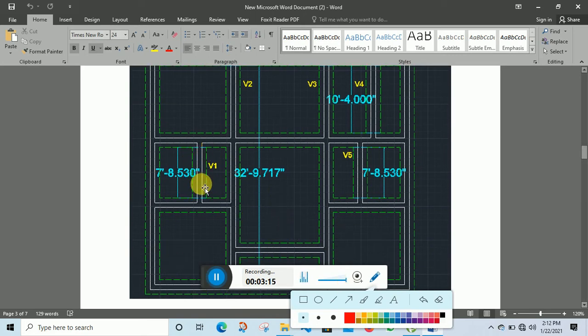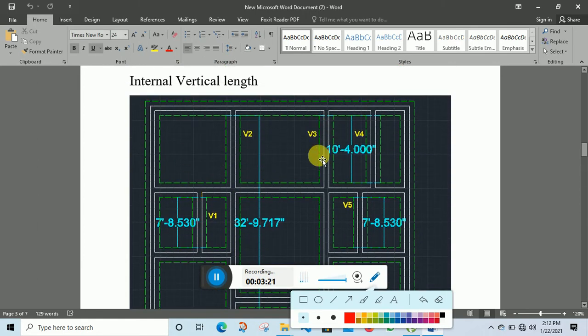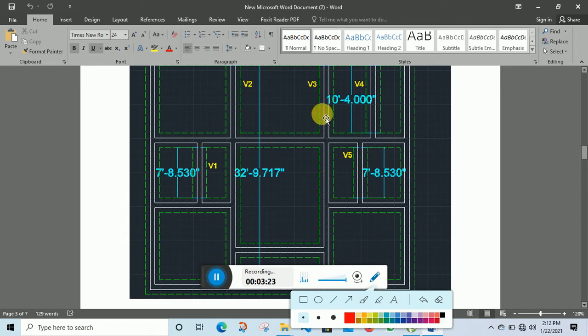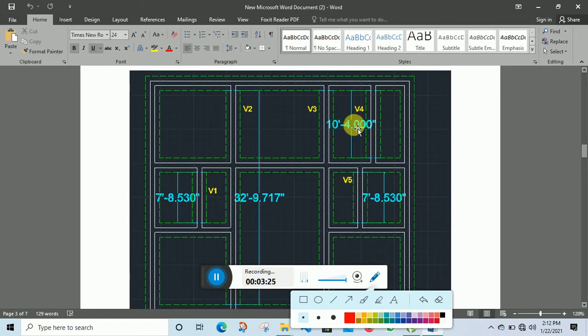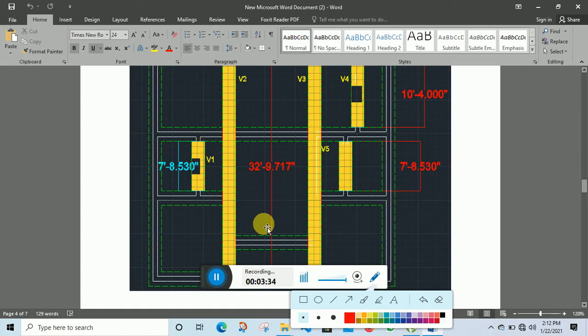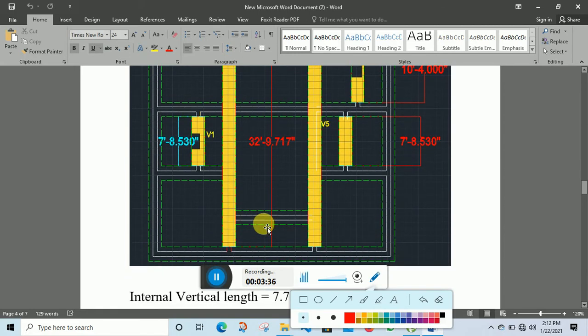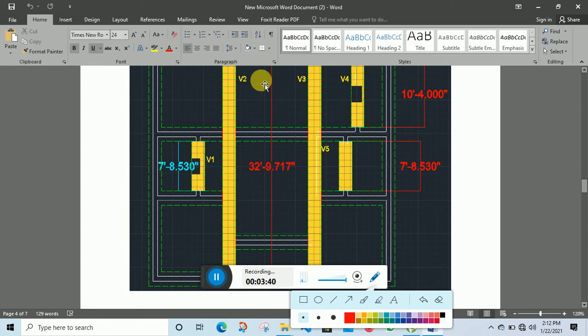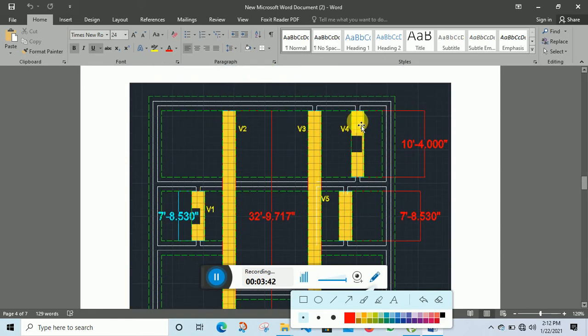This is v1, meaning vertical length 1, this is v2, this overall is v3, here to here is v3, this is v4 and this is v5. I shaded this slide to get the actual internal vertical length from the plan. So this is v1, v2, v3, v4 and v5.